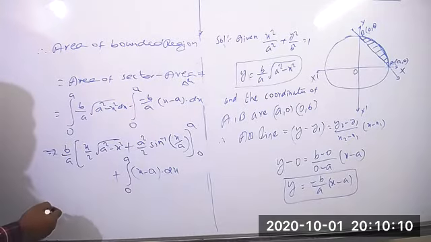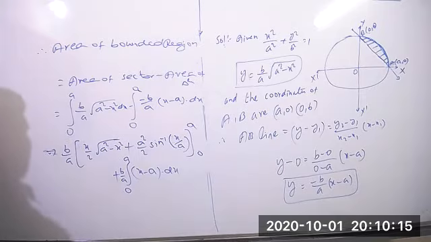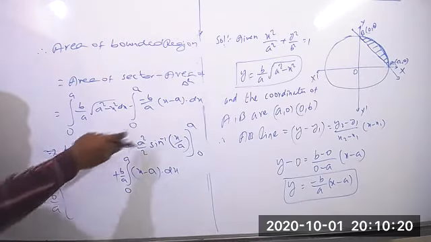Now simplify this value. And here also b by a is the common, you can take outside. If you want, the whole thing b by a will take outside, and first you can simplify that.